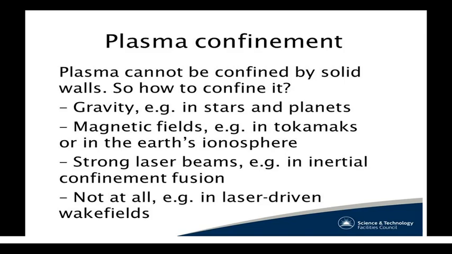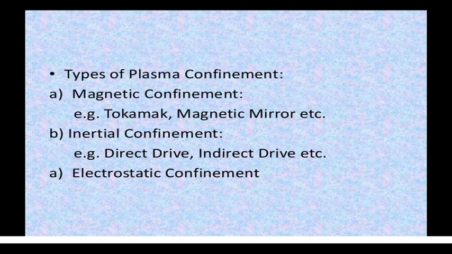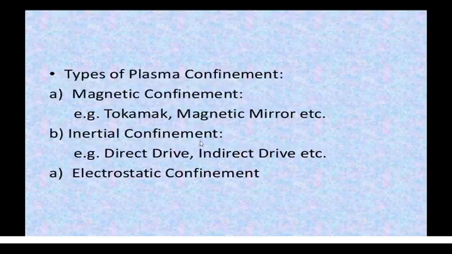So mainly we can say that there are three methods to confine plasma: by using gravity, by using a magnetic field as in the tokamak, and by using strong laser beams as in inertial confinement. Now we will study this tokamak and this inertial confinement. In magnetic confinement we use a tokamak.